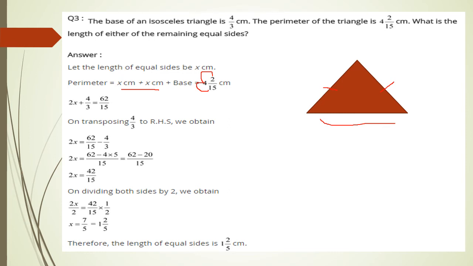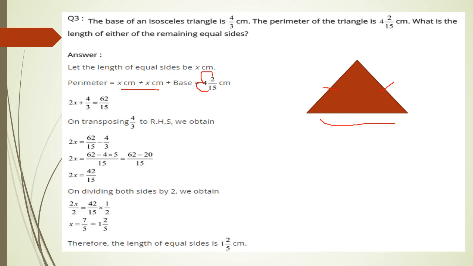42 by 15. Children, now dividing both sides by 2. To simplify this, we divide both sides by 2. We obtain 2x by 2, that means we are dividing by this 2, into 42 by 15 into 1 by 2. Here 2 is there, we can write it as 1 by 2.